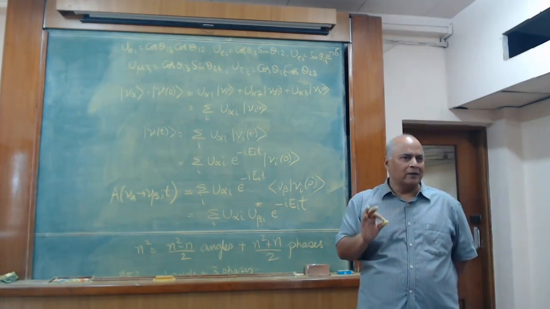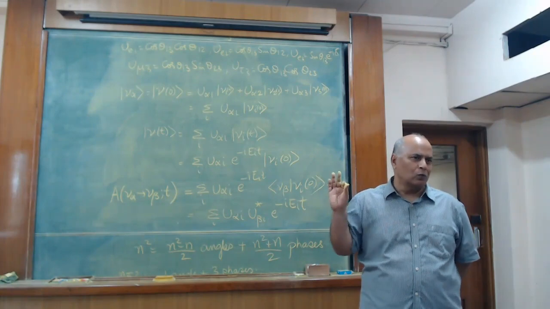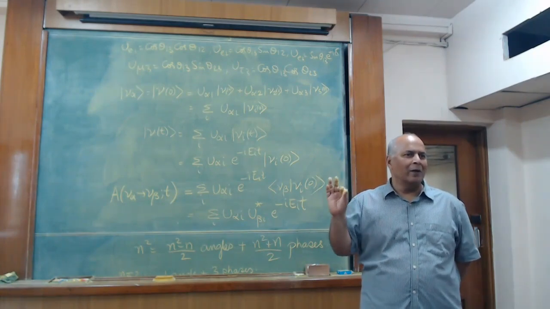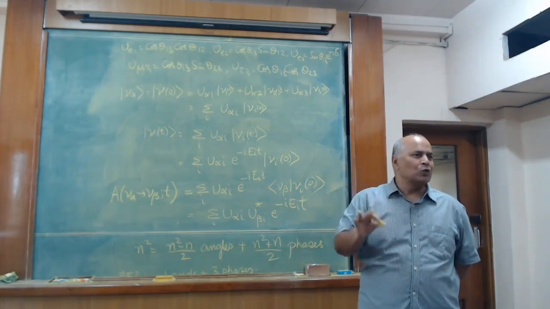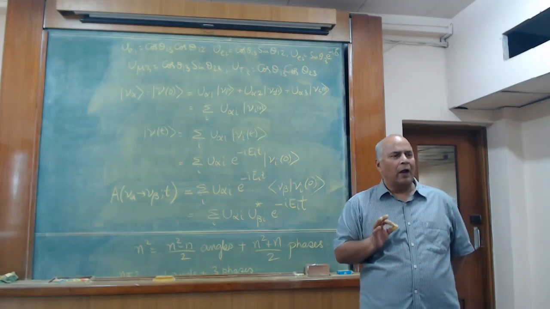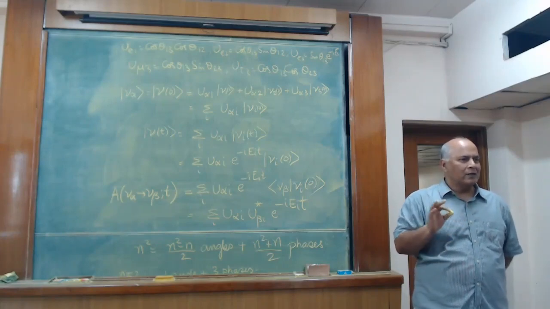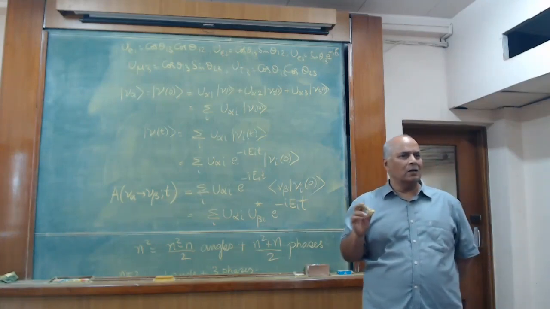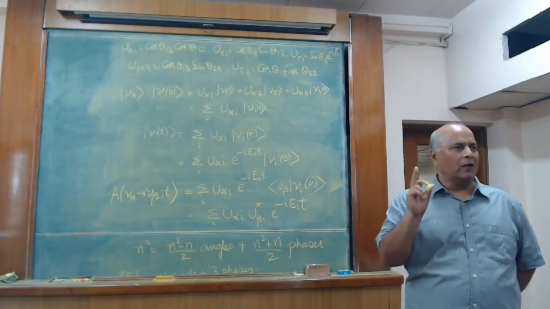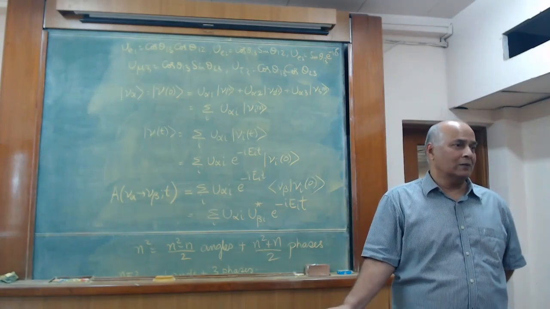If you are careless, you can prove anything you want. You can prove 1 equal to 2 by misusing Einstein's summation convention. And one of the important rules is an index should occur either once or twice, never more than twice.